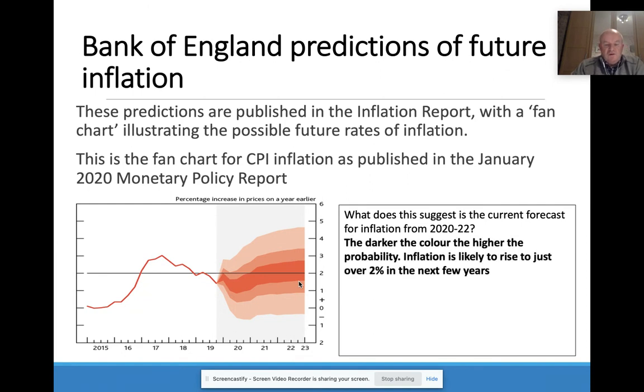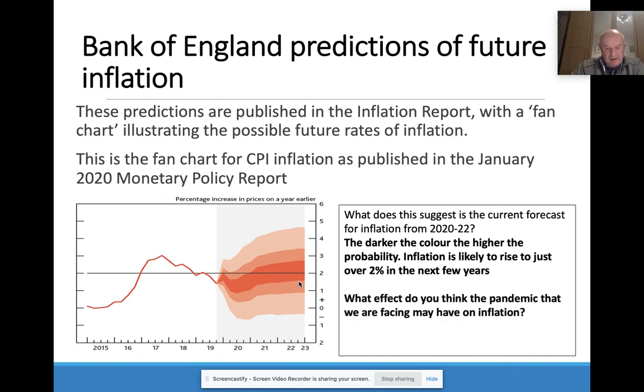Now, that's the one that's most likely to have the highest probability. So there is an argument to say that inflation would rise to just over 2% in the next few years. And if the policy that has been set was to try to encourage growth and a small amount of inflation, that would clearly suggest that the policy would be successful.